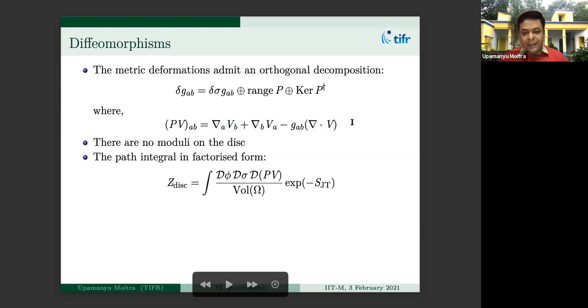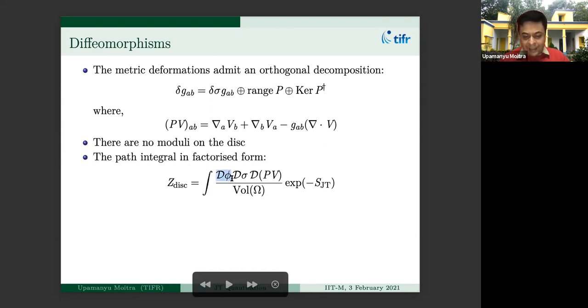And the P dagger is the adjoint of this operator P, which acts on matrices. And the kernel of P dagger corresponds to the moduli of some particular manifold. And as it happens, there are no moduli on the disk. So therefore, we can write the path integral in this factorized form.